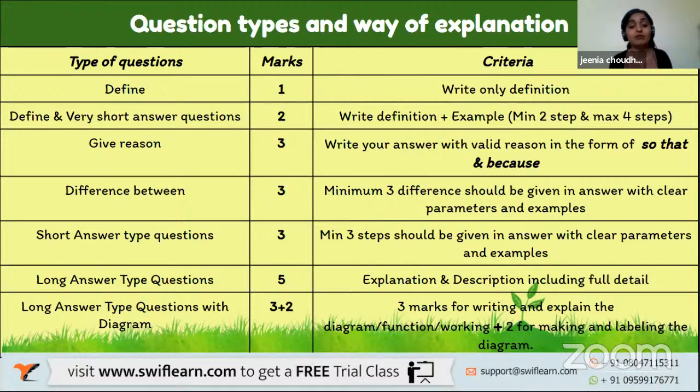So labeling of the diagram is a must over here. Okay. If it's without the diagram, the explanation and description should be in a fully detailed manner. Each and every point from beginning to end should talk about the thing that is being asked to you, and to the point as well. And adding examples at the end is a must.